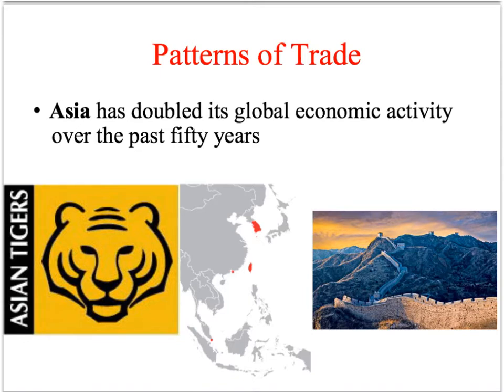An economy like South Korea is incredibly dynamic and innovative in terms of technology. And of course, the very rapid industrialization of China, represented in this image by the Great Wall of China, has also meant that this country has massively increased its share of international trade.